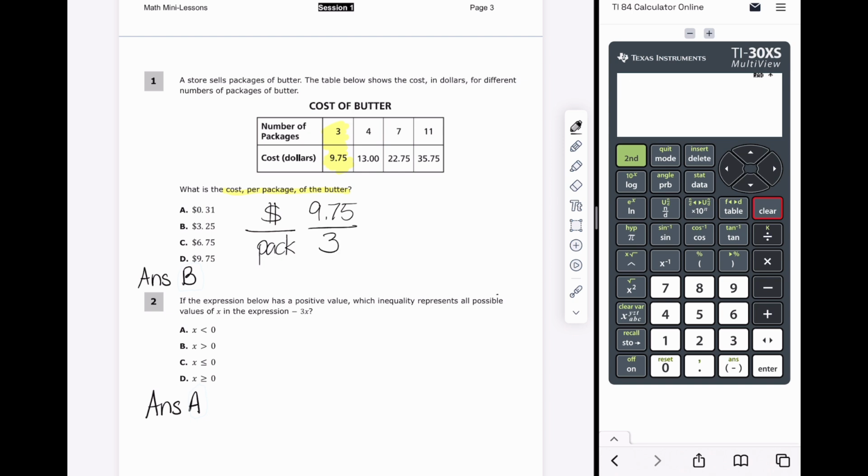One way I can find the unit rate is to simply see this as a division problem: $9.75 divided by 3. You can do it on your paper or with your calculator, and you'll get your answer, $3.25. Okay? So that's all I did here. Let me find a nice little spot for it.